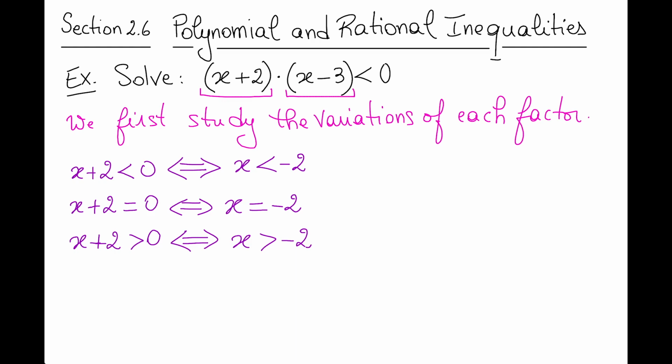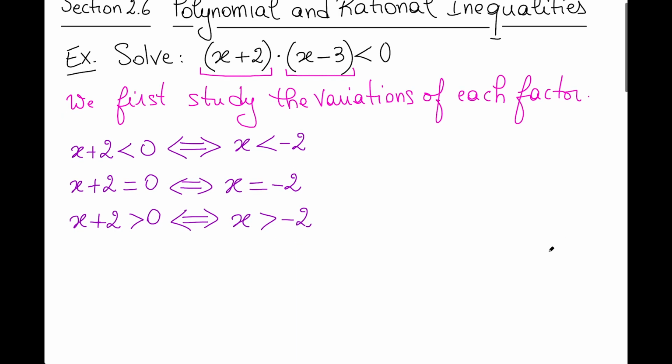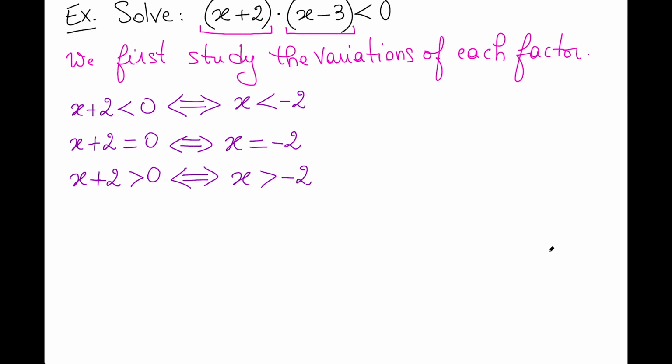Let's move on and study the variations of the other factor, which is x - 3. So x - 3 is negative precisely when x is smaller than 3.